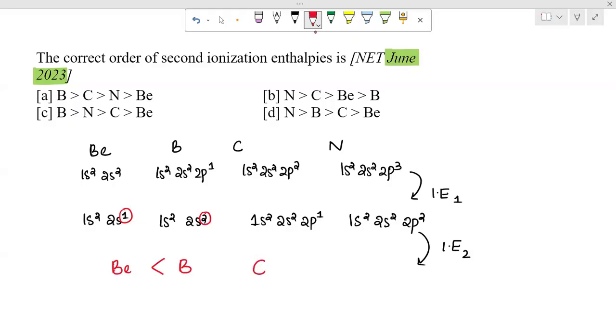This is 2s2 and this is 2p1. So here it is again a fully filled configuration. So boron will be higher. Correct? And then if you compare carbon and nitrogen, it is not fully or half filled. And penetration powers are also the same. So the last thing that you'll be comparing is Z effective among the adjacent species. So carbon and nitrogen is higher in Z effective, correct? And hence this is the actual order.